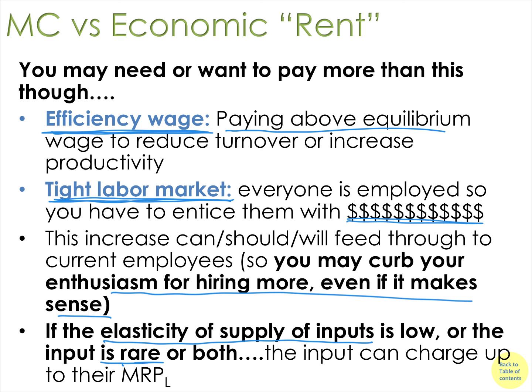So even if the wage is super high for LeBron level talent, there's just not that many people in existence that can do that, right? So the elasticity of supply is pretty low. New basketball players at that level aren't born every day. So you're not going to be able to get more LeBrons. And LeBron, as a result, can charge a lot of money for that rare talent.